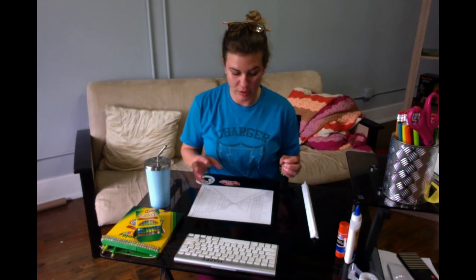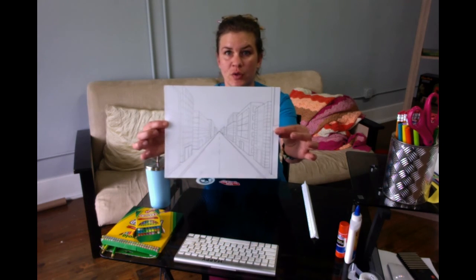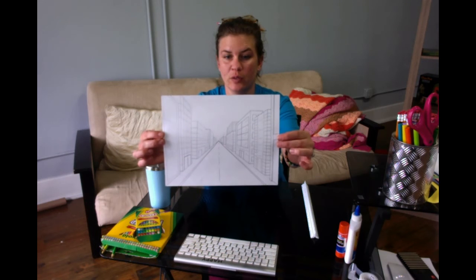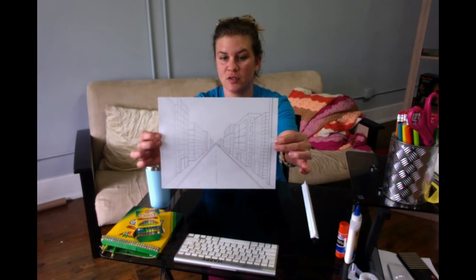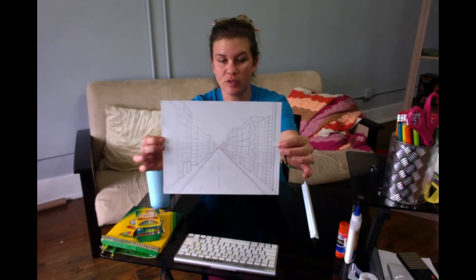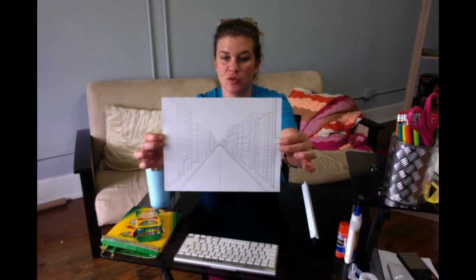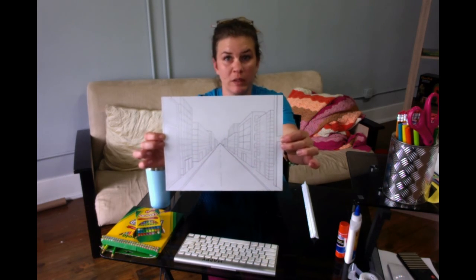I've added windows, and I've added doors, and I've added some glares on the windows. So the only thing that I really have left to do is add some sky details if I wanted to, and then color or shade. So you can complete your 1-point perspective drawing with or without color.